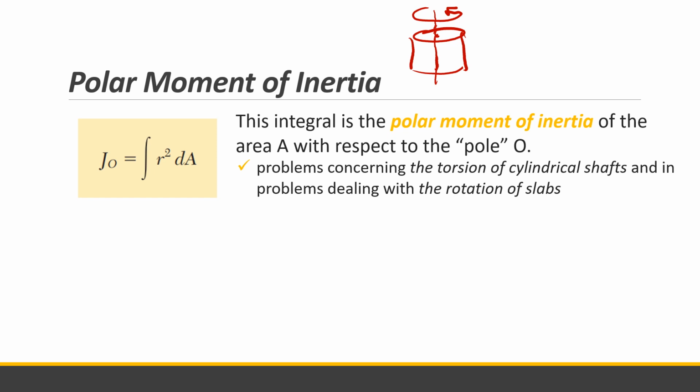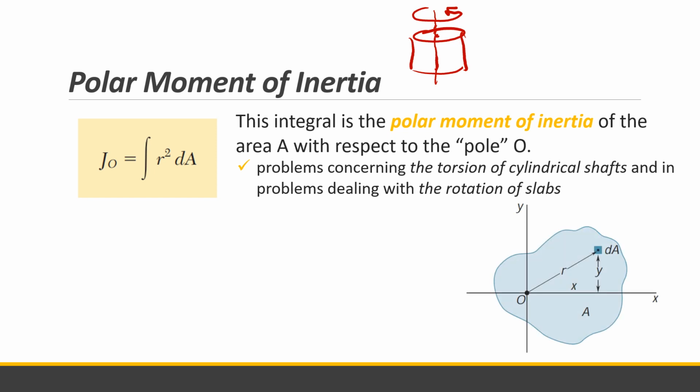The polar moment of inertia of a given area can be computed from the rectangular moments of inertia. Say there is an area, and at this origin pole the area will rotate. At this dA, we have coordinates x and y.